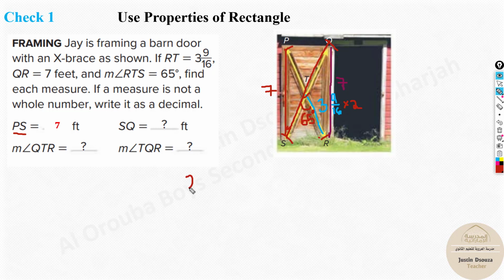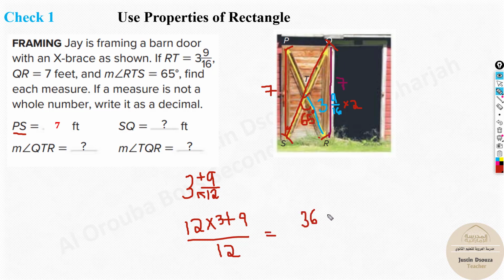Now how would you solve it? 3 9 by 12. How would you solve this improper fraction? See here, whatever is in the denominator is multiplied with the whole number and added to this numerator. So 12 multiplied by 3 is 36, plus 9, divided by 12. 36 plus 9 equals 45 by 12.